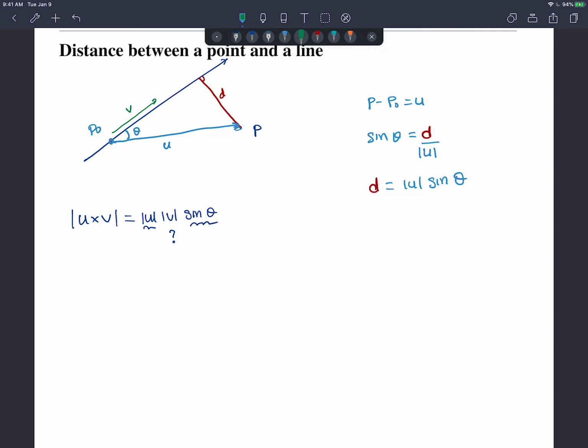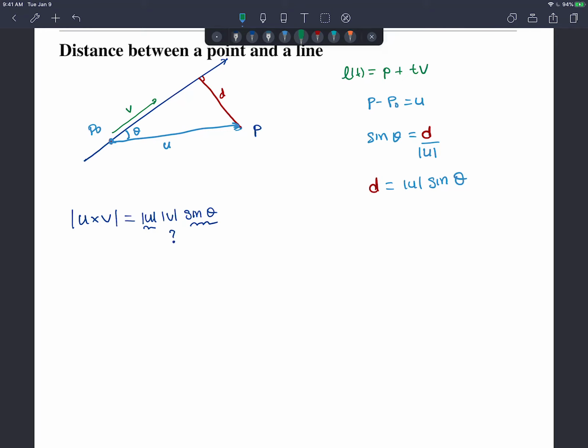Now I'm going to give a simple argument. If we have the line expressed, we should have two points on the line, or if we're given the equation of a line, which, if you remember, lines in R3 are given like P plus tV. On purpose I'm using V, because V could be arbitrary, and P could be arbitrary.